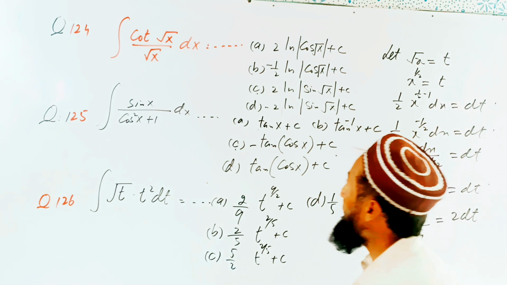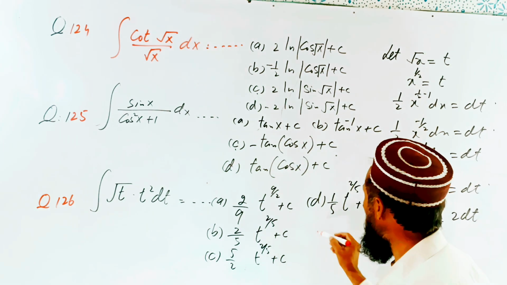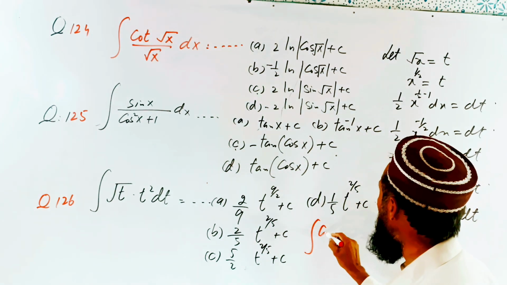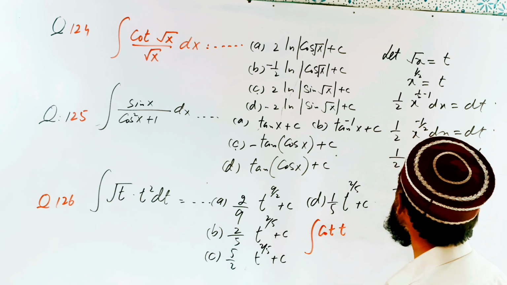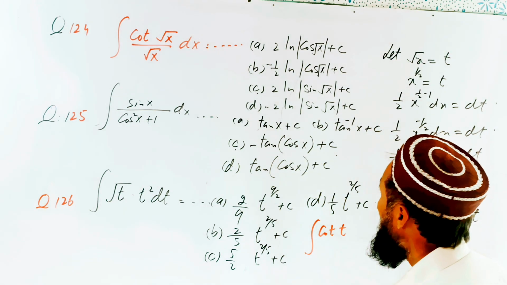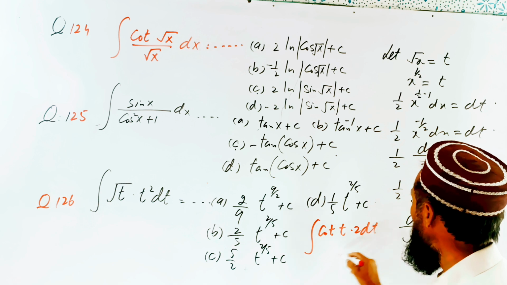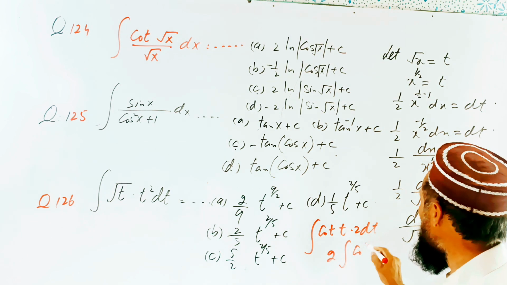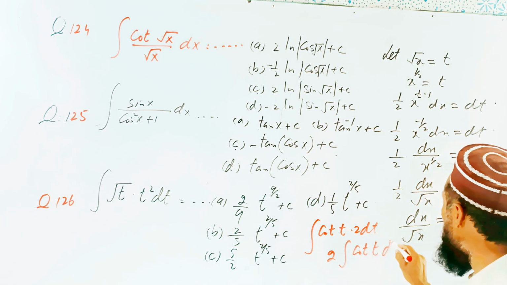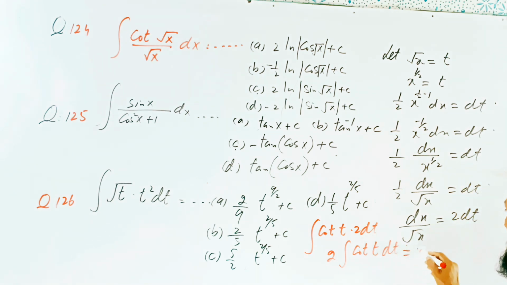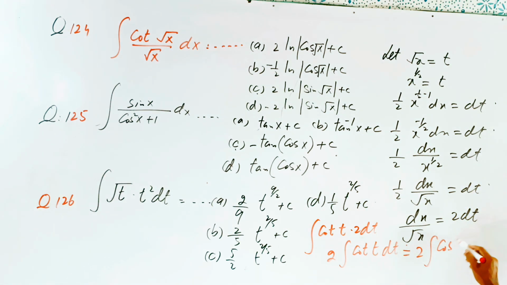In the place of integration, here we put integration cotangent t, and in place of dx we put 2 dt. So 2 integration cotangent t dt, and as we know we write cos t by sin t dt.